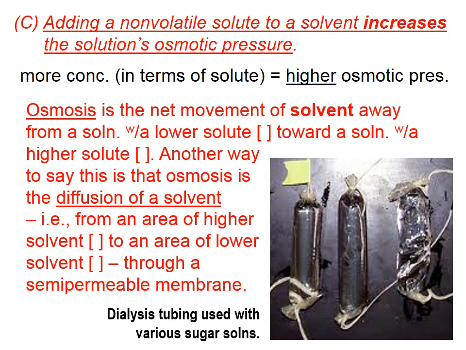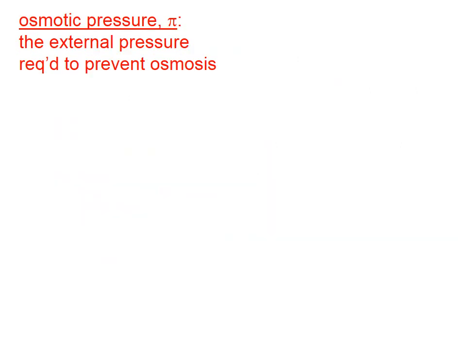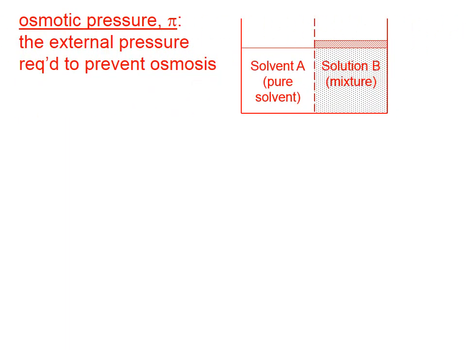That is all related to osmosis. Osmotic pressure is symbolized by lowercase Greek pi, and osmotic pressure is the external pressure that would be required to prevent osmosis. Let's see if we can get our minds around this a little bit.